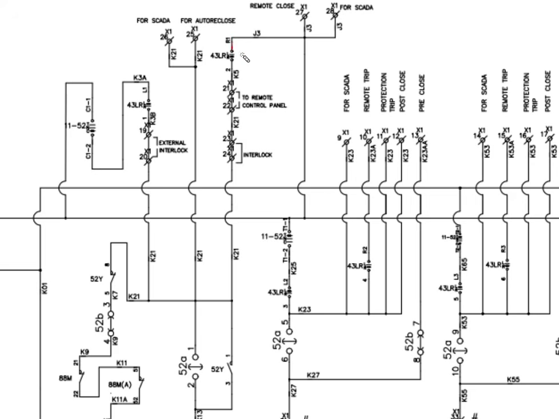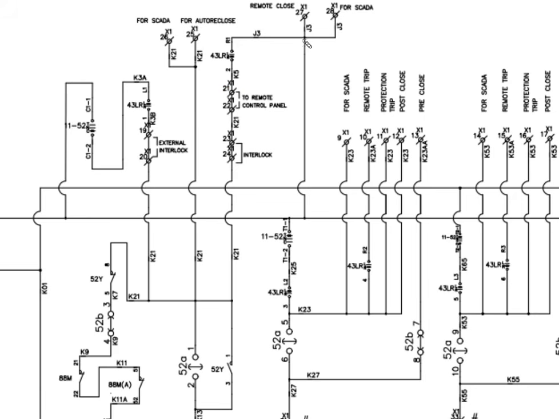It goes to the local remote positive. J3 goes to the local remote switch, and when it is in the remote, the K5 is being extended. It goes to the remote control relay panel, and from that it goes to the TNC switch, and then it comes back to this point here. Okay, so we need to give K21. We need to do the closing here, and the closing positive is this one.